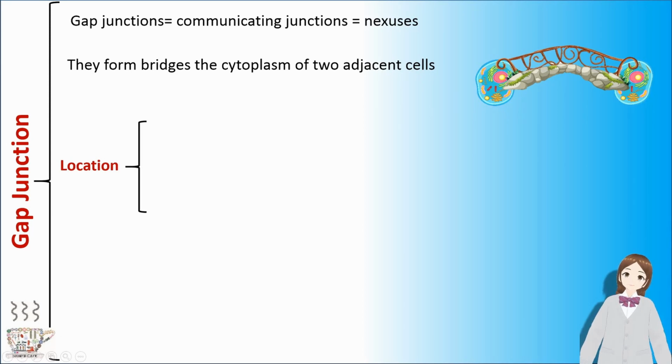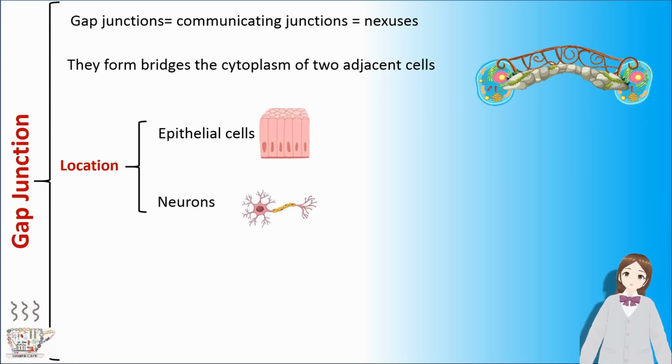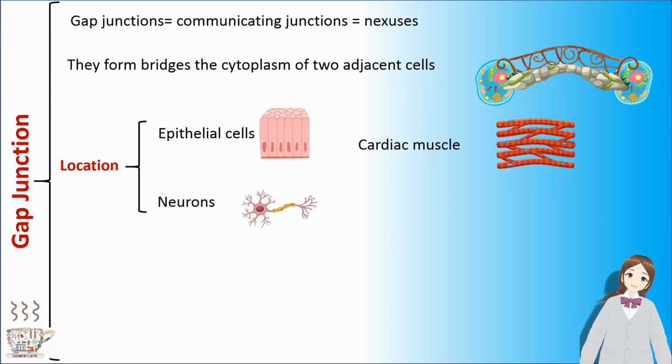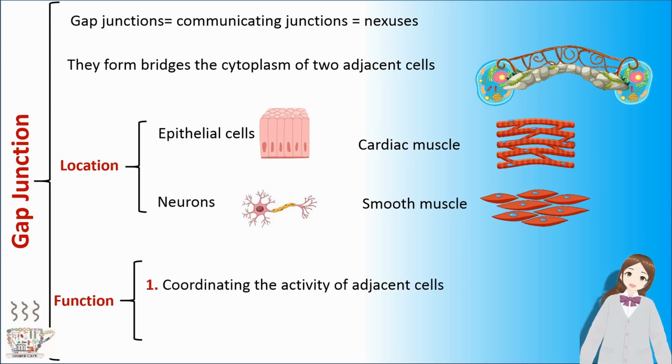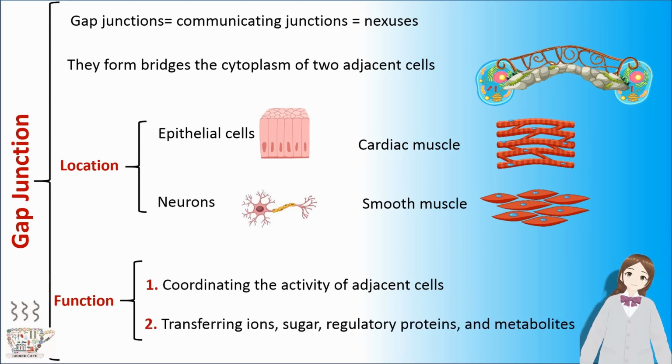They are located in epithelial cells, neurons, cardiac muscle, and smooth muscle. They play a role in coordinating the activity of adjacent cells and in transferring ions, sugar, regulatory proteins, and metabolites.